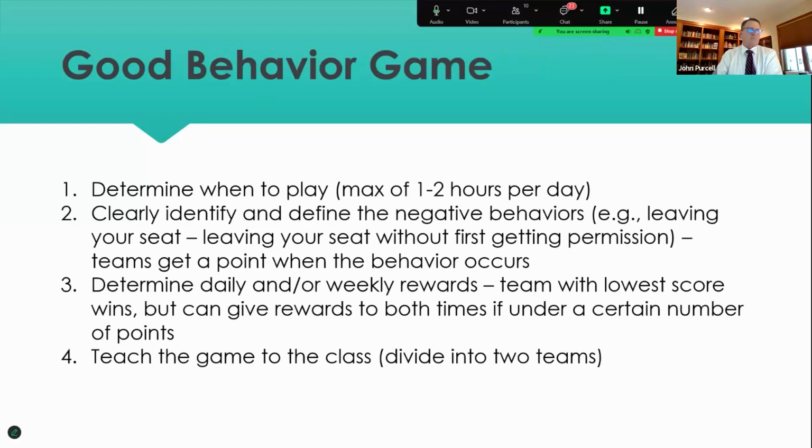So let's look at a couple examples. Good behavior game. 1 to 2 hours a day, you're going to make sure you identify specific behaviors, such as out of your seat, like it says on here. Whatever behaviors, especially if you're having an issue with behavior. If you have community circles in the morning where your students meet, hopefully you're doing it with a purpose. First of all, the purpose to prevent behavior, by the way, is to front load students.